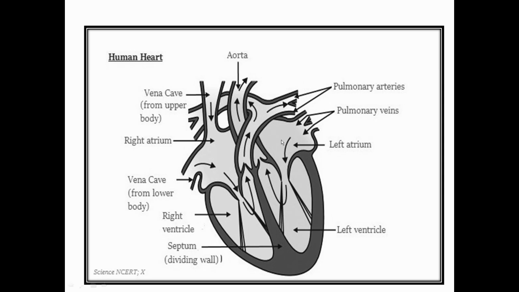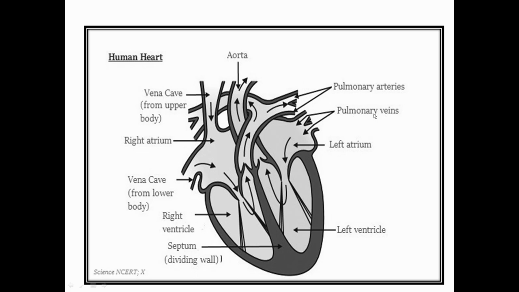Now you can see the heart comprises 4 chambers, 2 atria and 2 ventricles. This is the left part of the heart, this is the right part of the heart, and the left part of the heart carries oxygenated blood and the right side of the heart carries deoxygenated blood. The oxygenated blood comes from pulmonary veins.